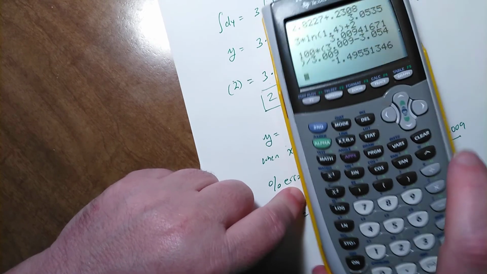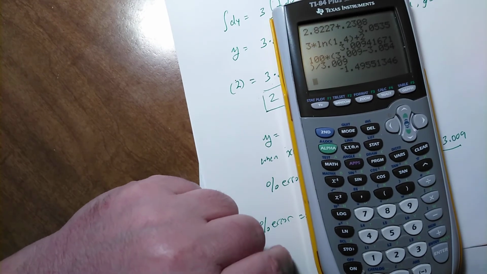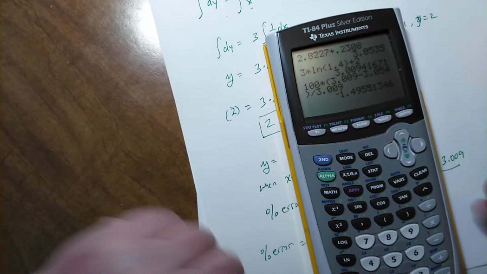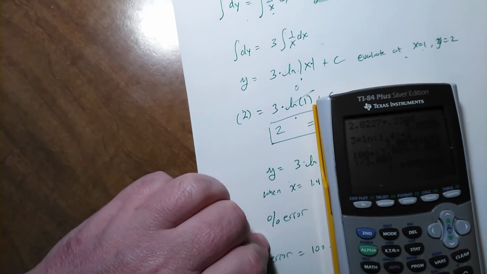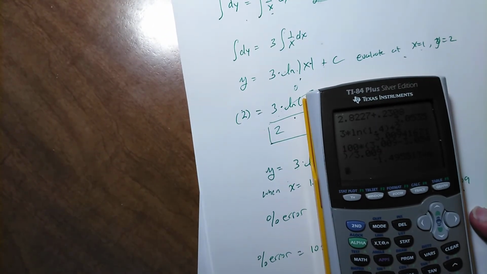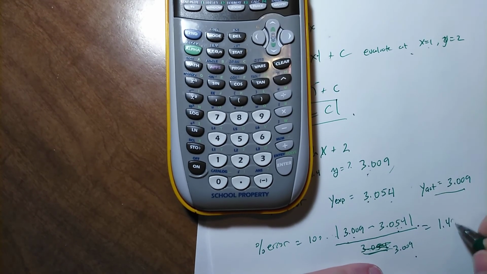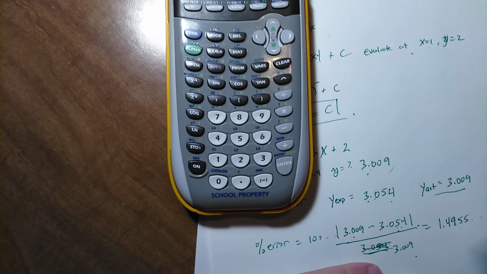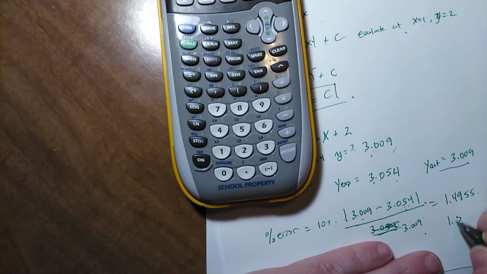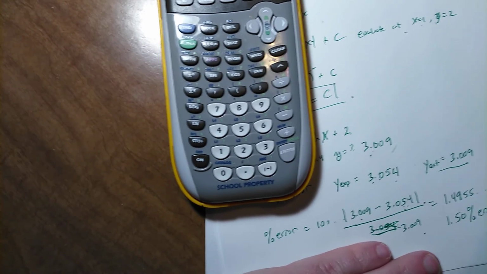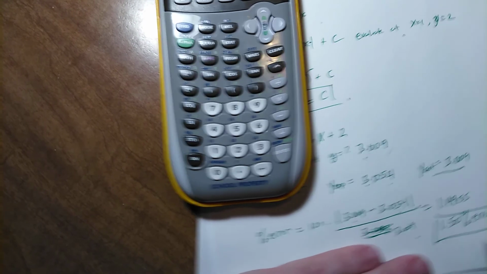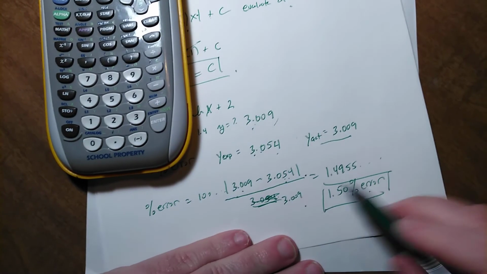Hit enter. And this is the percent error. I'm not going to look at the negative sign here because we have absolute values. So my value here is 1.4955 and some change. We're going to call this 1.50% error.